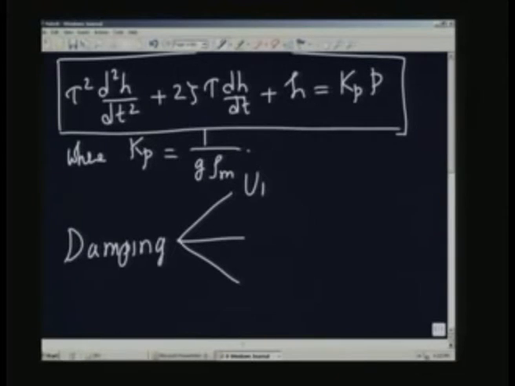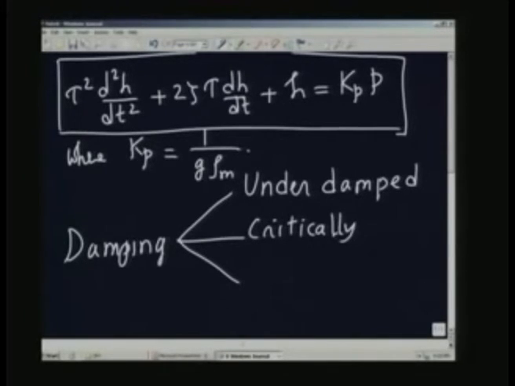We can have what is called underdamped, or we can have what is called critically damped, or we can have the overdamped case. Three cases are possible. So, what are the differences between these cases?